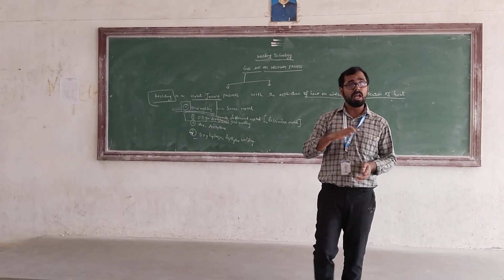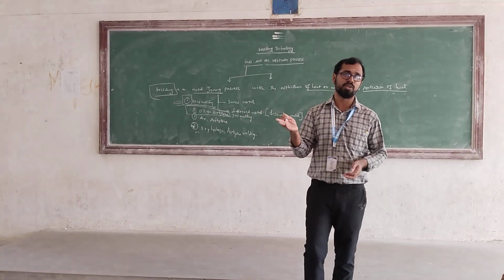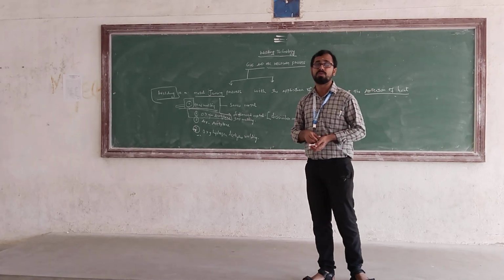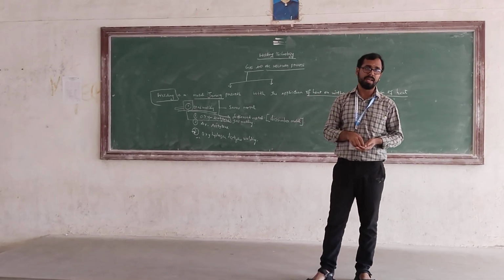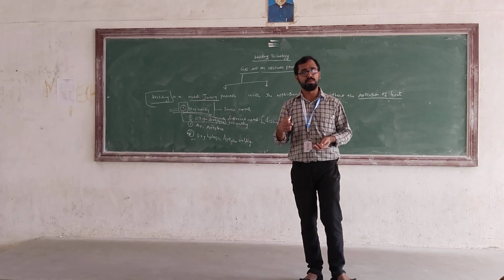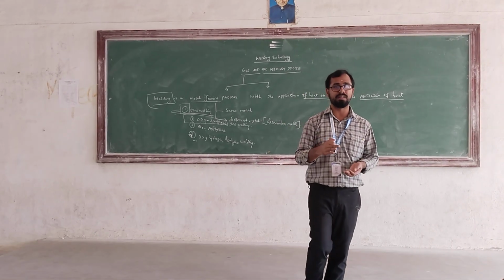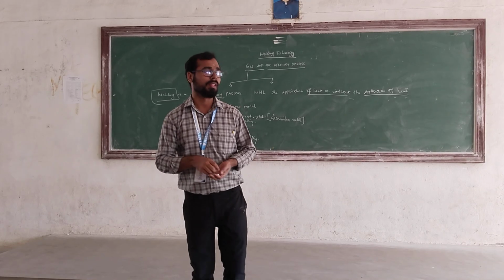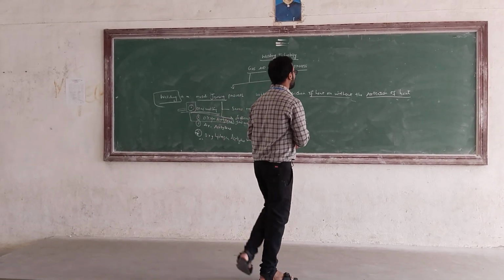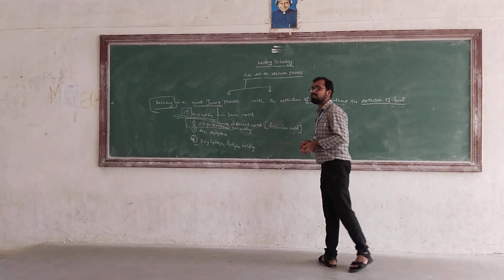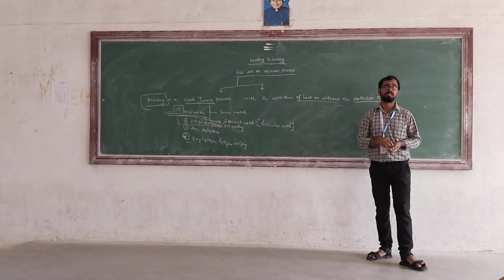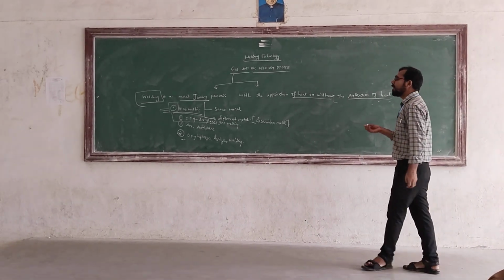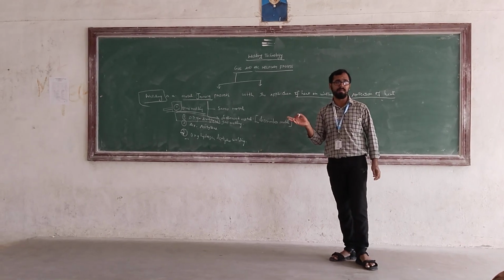Without heat, we can join the metals by the use of high pressure to join the two dissimilar metals. That is called fusion or plastic welding. An example is resistance welding.